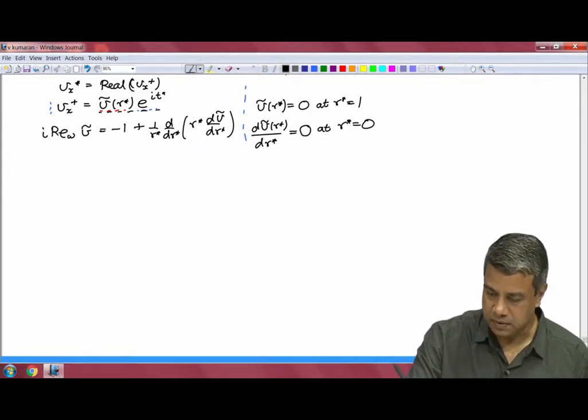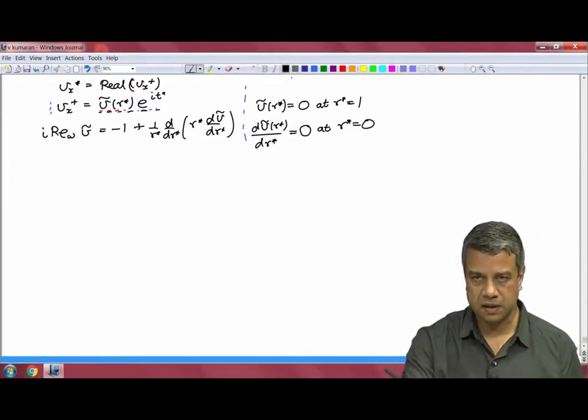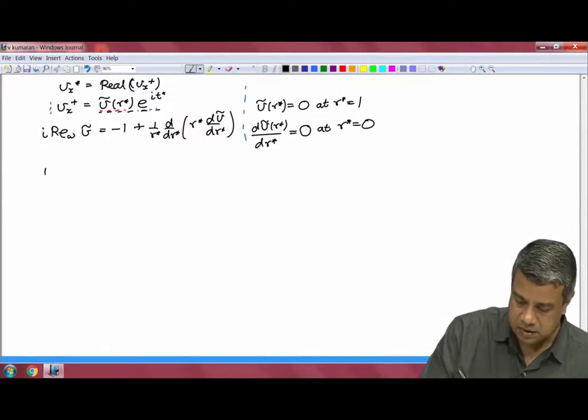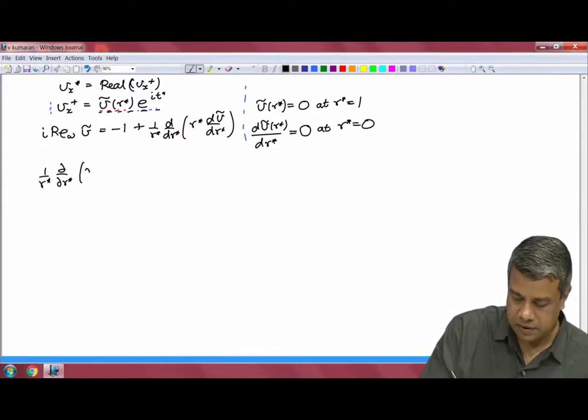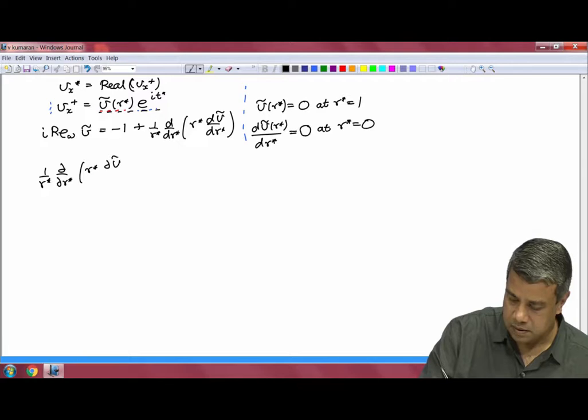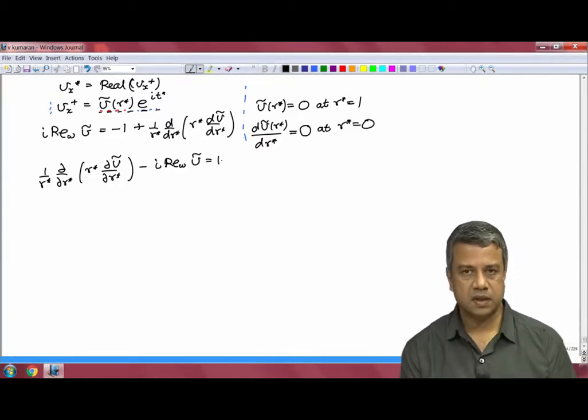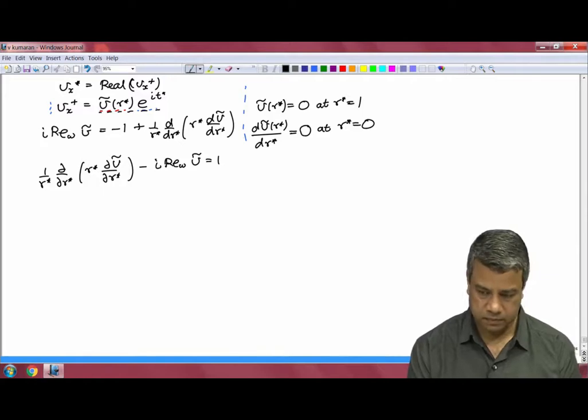Take the inhomogeneous term to the right side and all the dependence of V x on the left side. If I do that, I will get 1 by r d by dr of r partial V tilde by partial r, minus i r e omega V tilde is equal to 1. That is going to be the equation.